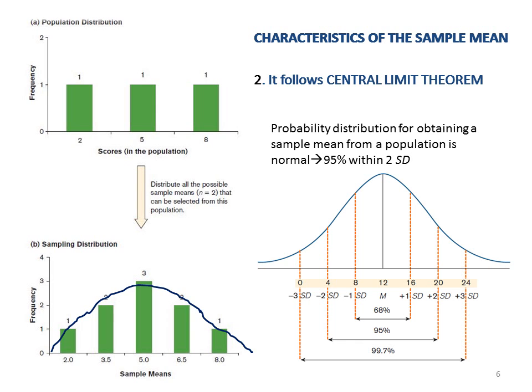And one important implication of the central limit theorem is that the probability of obtaining a sample mean from a population is normally distributed. And that means 95% of all the possible sample means will fall within 2 standard deviations of the population mean.